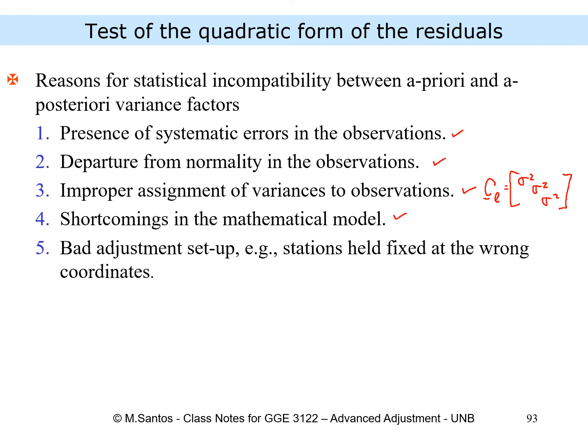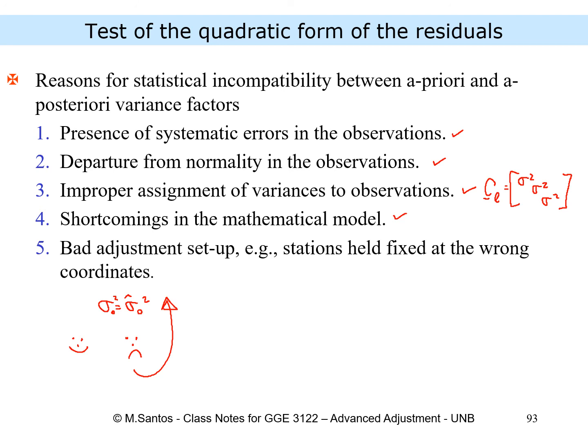And lastly, bad adjustment setups. For example, we may have stations held fixed at wrong coordinates. So if we do the test and it passes, we use it. If it doesn't pass, we look at the causes.